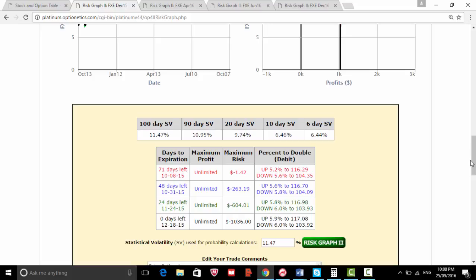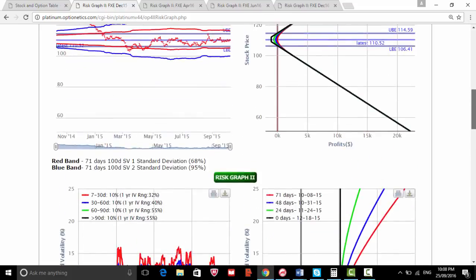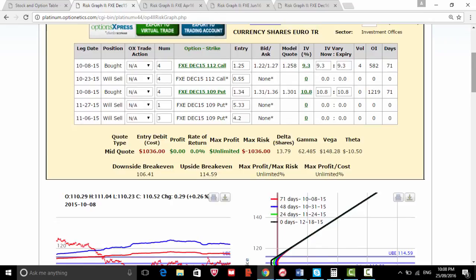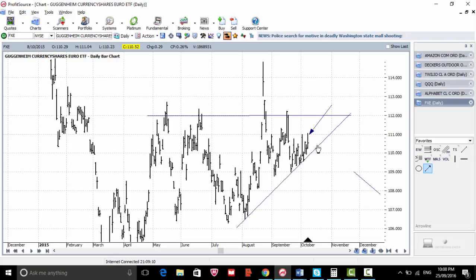Now, the way that this strategy works is that we're going to take off either the call or the put once we get confirmation on the direction of this particular instrument. For example, if the euro ETF goes above this resistance level, and then on the next day it closes even higher, then I'm going to sell my puts, and I'll only be left with my call options.